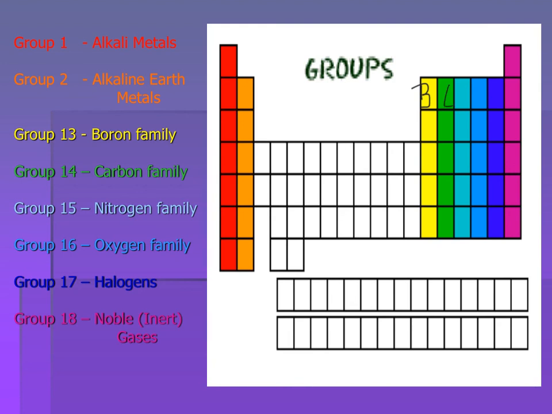So these are all going to be the carbon group. You have nitrogen, which makes all of these the nitrogen group. And then you have oxygen, so that these are all the oxygen group. Then here you have your halogens and your noble gases, and then you have your lanthanide series and your actinide series. And that is it for this video lesson.